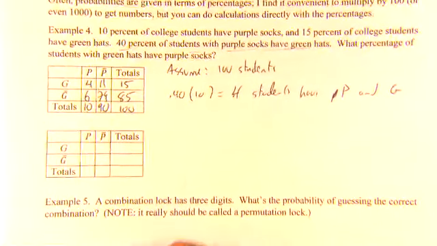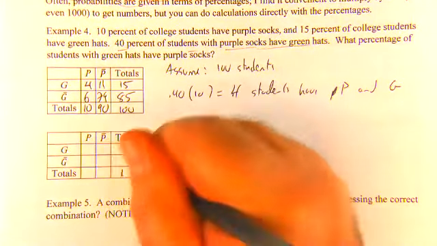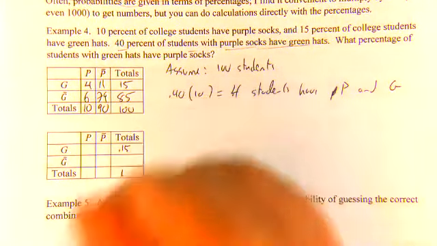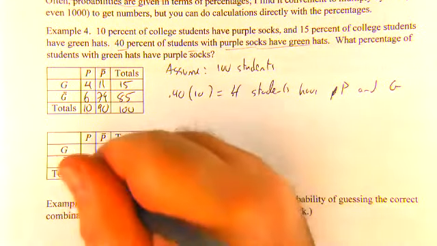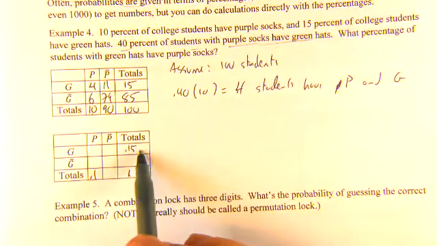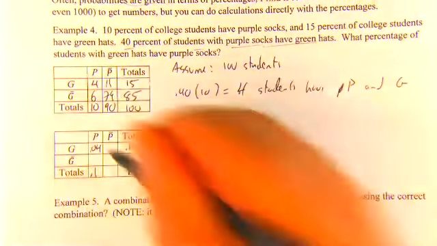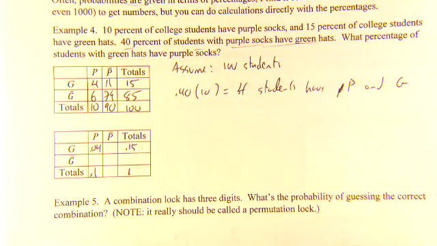So you can set up the same table, right, by just putting in the percentages. That's just dividing everything by 100.